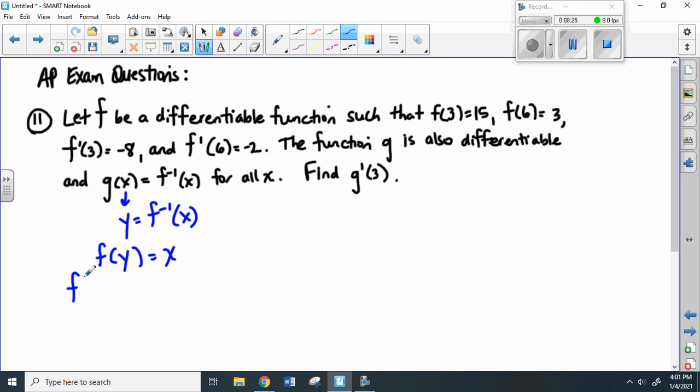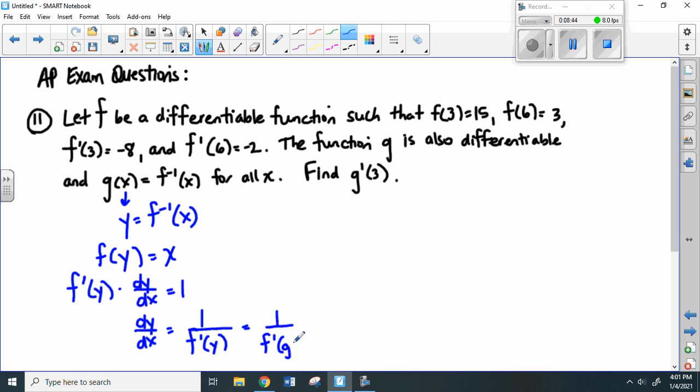I just have to remember to use the chain rule when I take the derivative of the left, and then divide, and back substitute g of x in place of y.